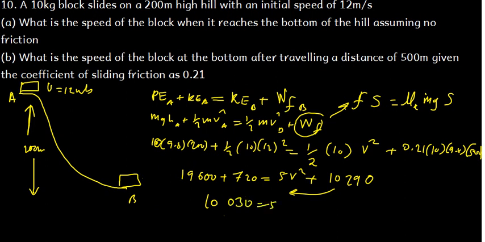That will be equal to 5 v squared. So to remain with v squared, we're going to divide by 5, and that will give us 2006. So to remain with v, we square root that value. That is going to give us 44.8 meters per second. So that will be the answer then.